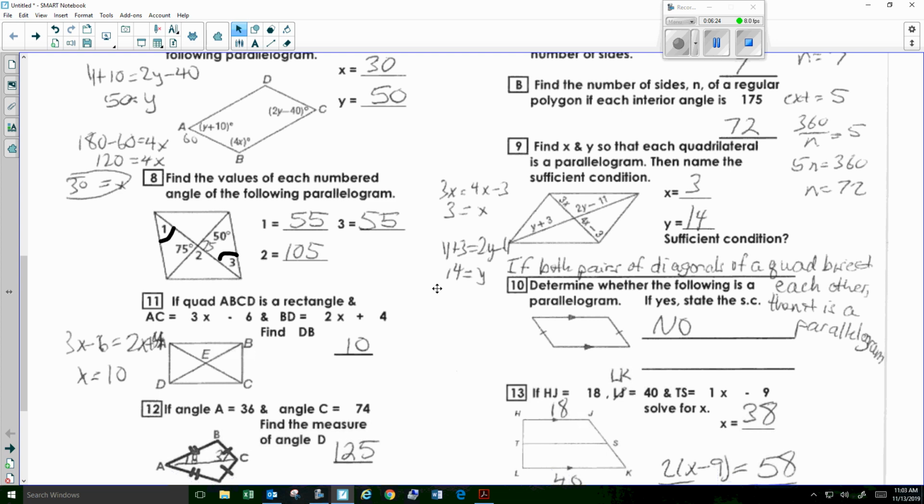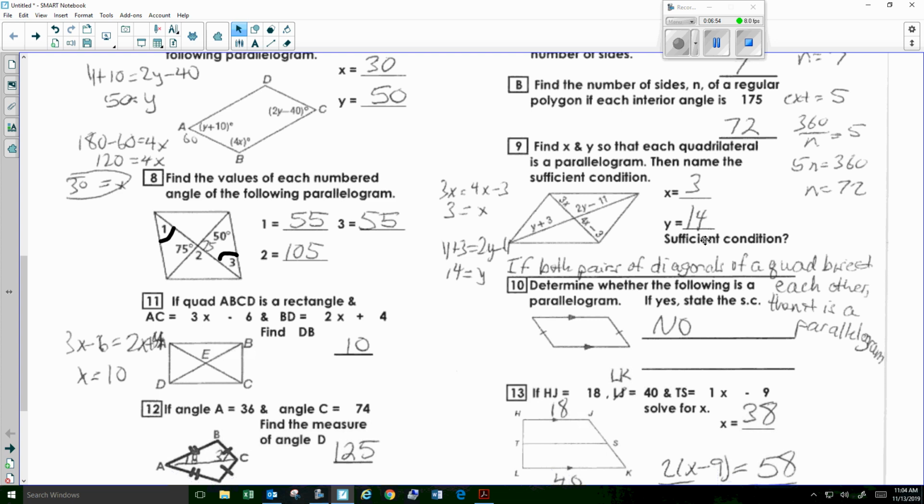Number 9, find x and y so the quadrilateral is a parallelogram, and then state the sufficient condition. We need to know this first: if both pairs of diagonals of a quadrilateral bisect each other, then it's a parallelogram. The 5 sufficient conditions are at the bottom of your quadrilateral hierarchy.